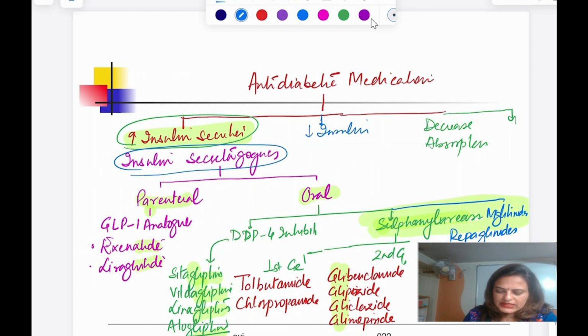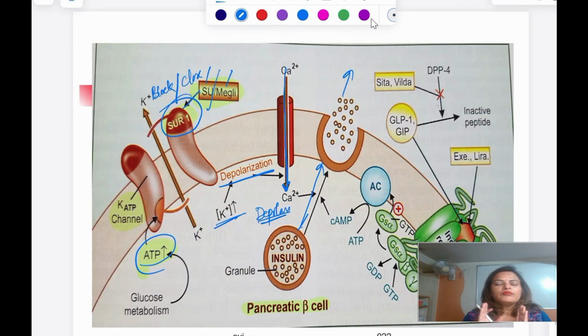I have told you the mechanism of both, sulfonylurea and miglitinide. Whatever the sulfonylurea group of drug, whether it is first generation or second generation, the mechanism of action of all of them is the same. They are going to block the ATP sensitive potassium channel. By blocking that, they inhibit the outward movement of potassium, and there is an increased level of potassium inside, that leads to depolarization, and this depolarization leads to opening of the calcium channel.